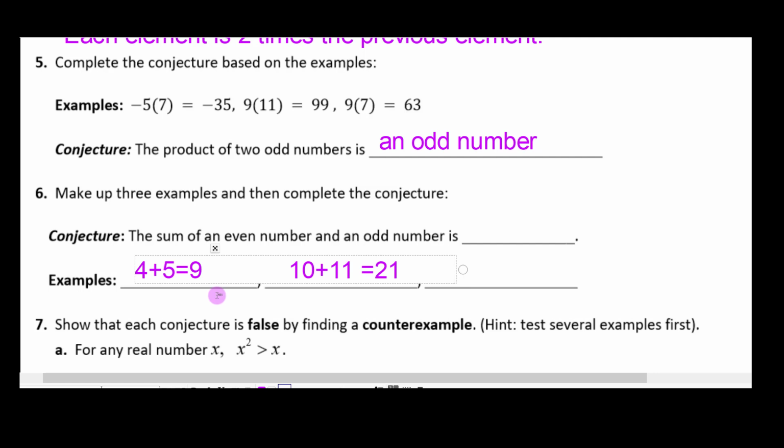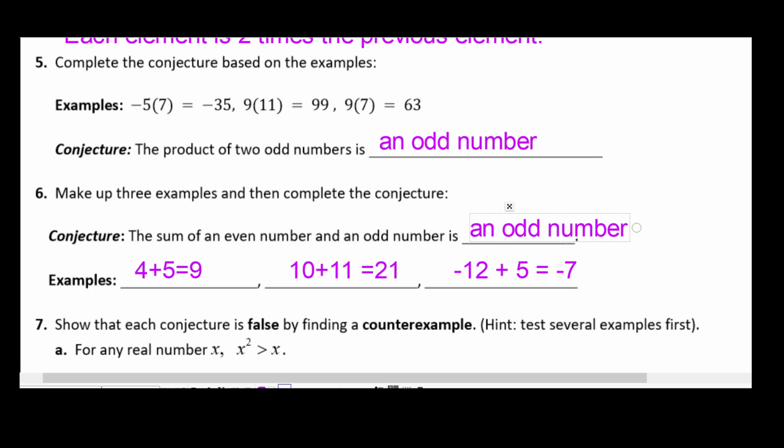Let's say I get negative 12 plus 5. It's going to be equal to negative 7. So when we make those examples, we notice what? That when we add an even number and an odd number, we get an odd number.